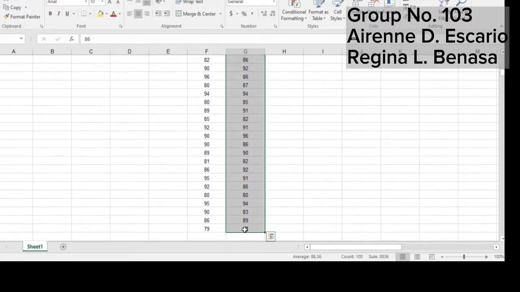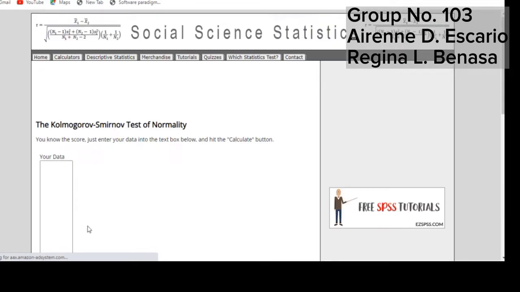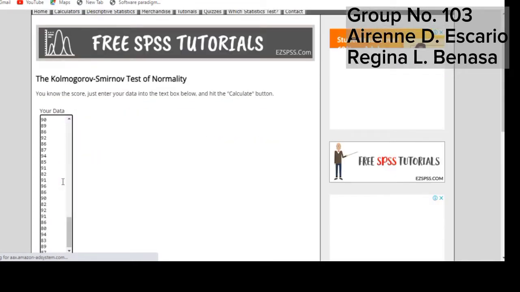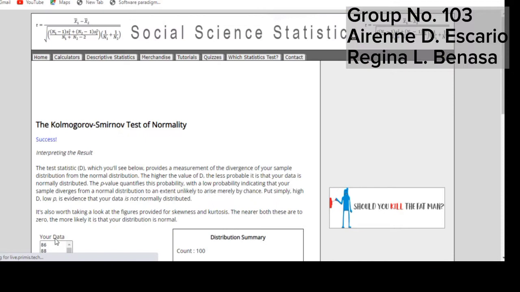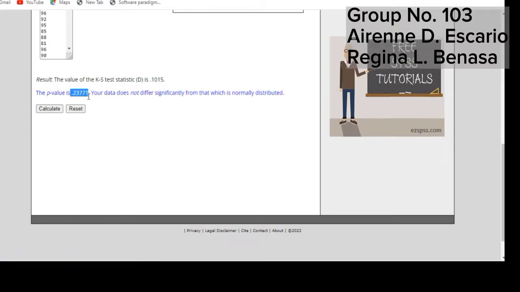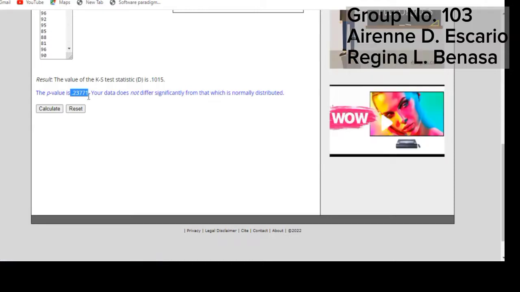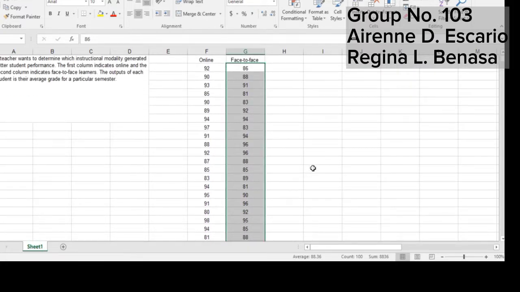Let's copy and paste. The result is 0.23771, which is greater than 0.05. So, our data set for online and face-to-face are both normally distributed.